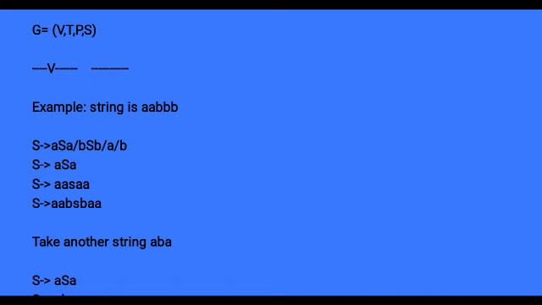Take another string, that is ABA, substitute S with ASA, in between S replace B, you will get the result, that is ABA. Based on your string we are replacing non-terminal values with the production on the right-hand side. This is called CFG.